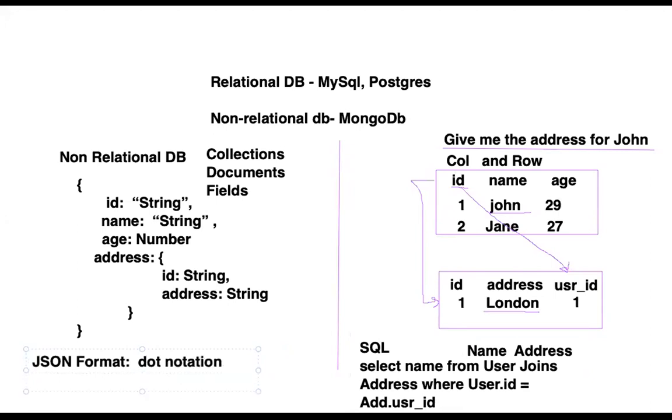So according to your understanding, how will we access the address of John? Think in terms of objects. ये हमने एक उसका schema बनाया. This is called a schema. Okay, schema is like scheme. कैसा मेरा data दिख रहा है, कैसा मेरा data दिखने वाला है, what is the data going to look like, a model, right?